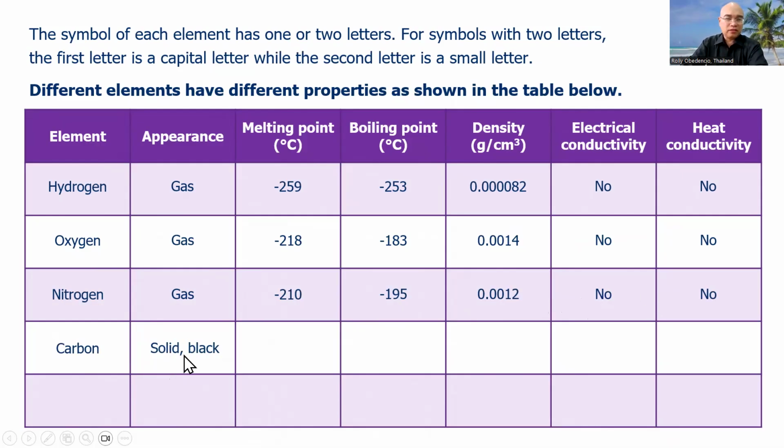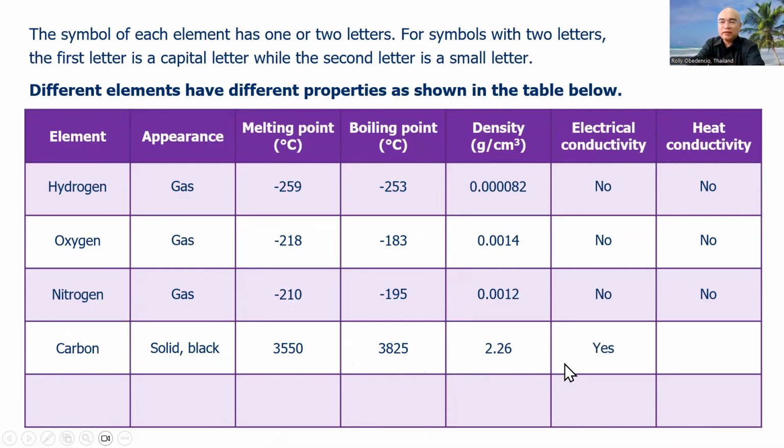Carbon is solid and black, and it melts at 3,550 degrees Celsius. But the boiling point is 3,825 degrees Celsius. The density is 2.26 grams per cubic centimeter.